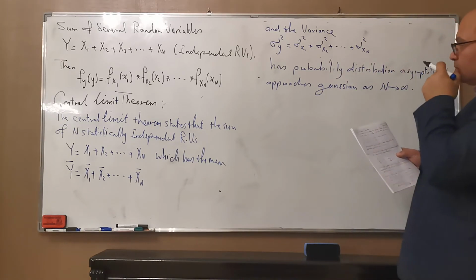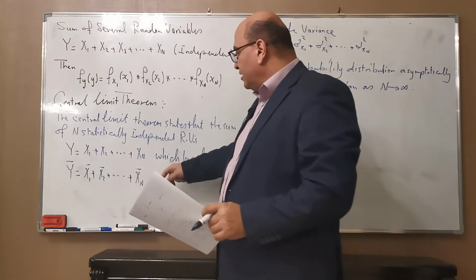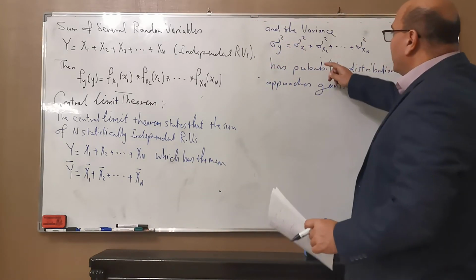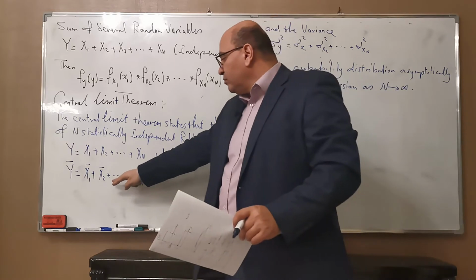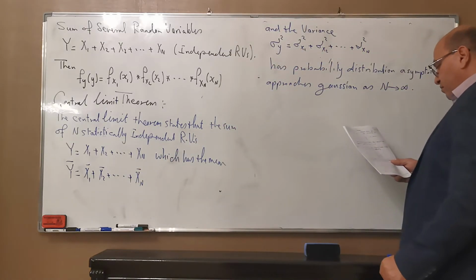So if you are adding n statistically independent random variables, you are approaching a Gaussian with a mean that is the sum of the means and the variance equal to the sum of the variances.